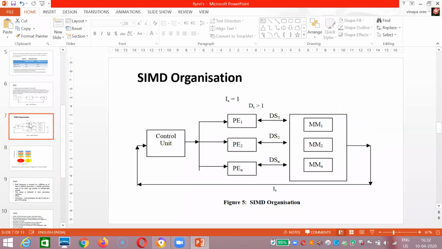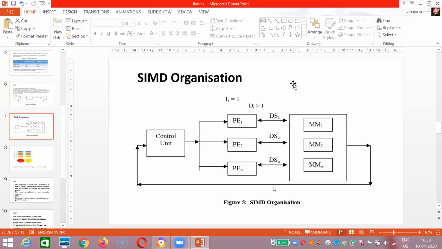Previously, if you gave the instruction C equals A plus B, it was taking more time. We have only 10 minutes left. If you give C equals A plus B, the data values will be different. One time you give data as 1, next time you give data as 2.